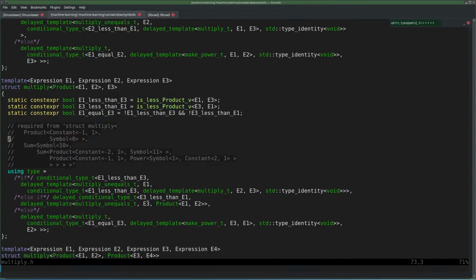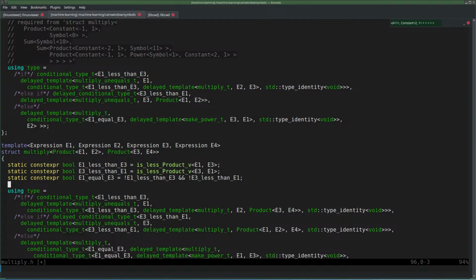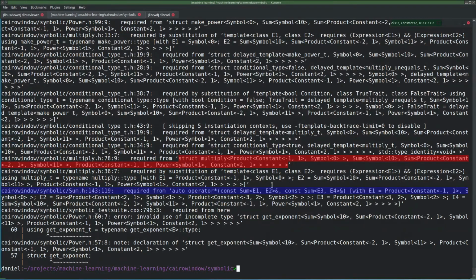I don't think the static assert is correct here. This comment here is the correct one. This is the one where it should happen. I don't know. Something is wrong with the bloody static assert. See, this is the highlighted thing.